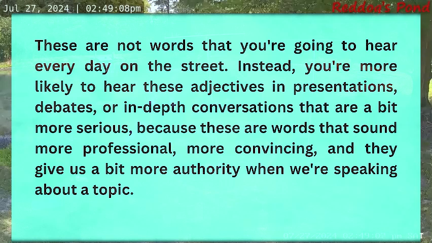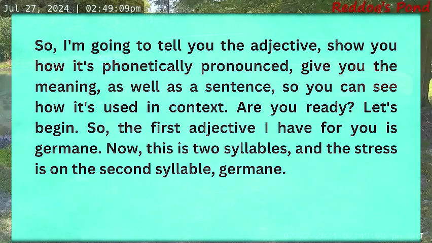speaking about a topic. So, I'm going to tell you the adjective, show you how it's phonetically pronounced, give you the meaning, as well as a sentence, so you can see how it's used in context. Are you ready? Let's begin.